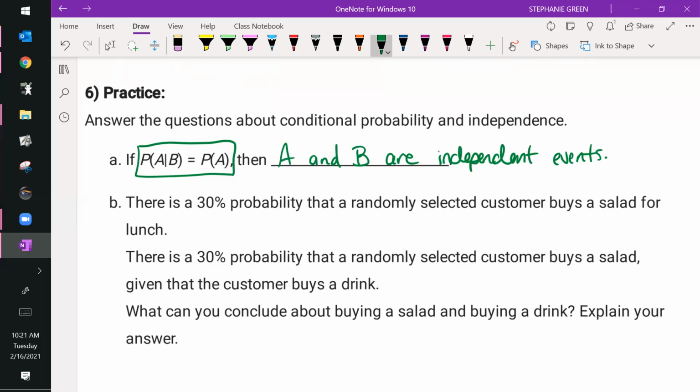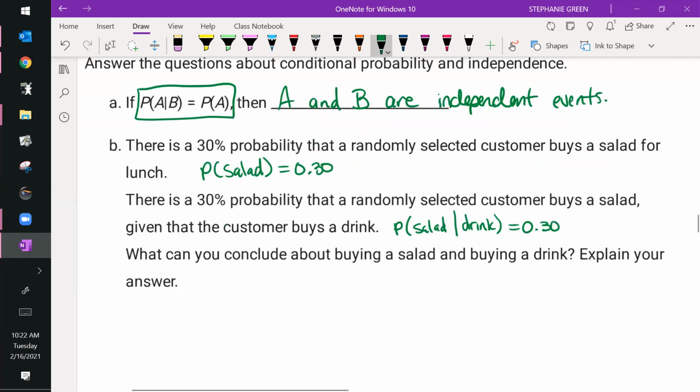So there's a 30% chance that a randomly selected customer buys a salad for lunch. So the probability of salad is 30% or 0.30. There's a 30% probability that a randomly selected customer buys a salad given that they bought a drink. So the probability of salad given drink is equal to 0.30, 30%.